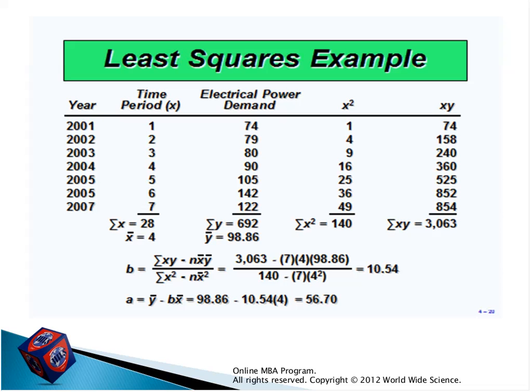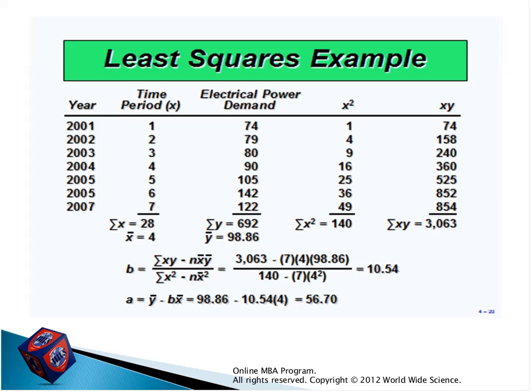N here is 7 because we have 7 years for forecasting. Because 2001, 2002, 3, 4, 5, 6, 7. 1, 2, 3, 4, 5, 6, 7.